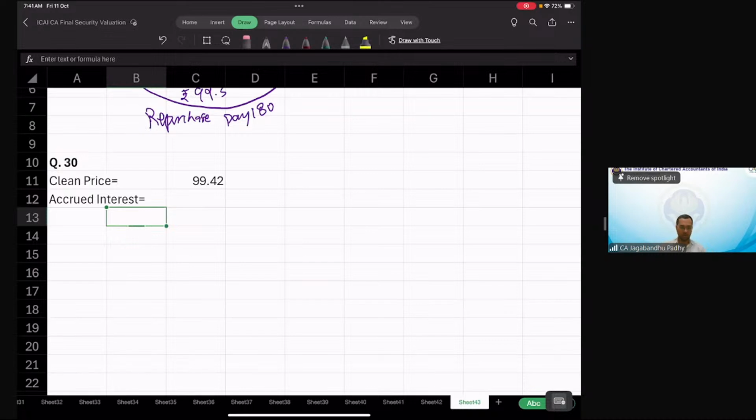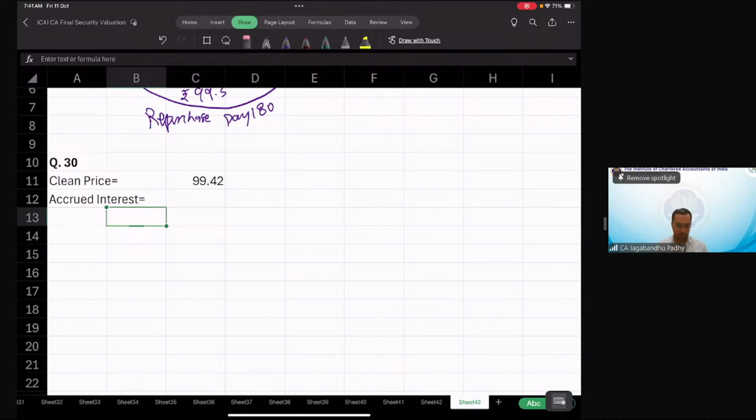Right, so how do we calculate the accrued interest? Has the bond given us the tenure for which interest has not been paid or interest has accrued? Yes, the question is providing us with that number.